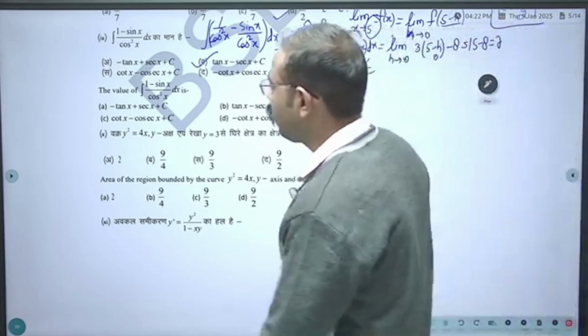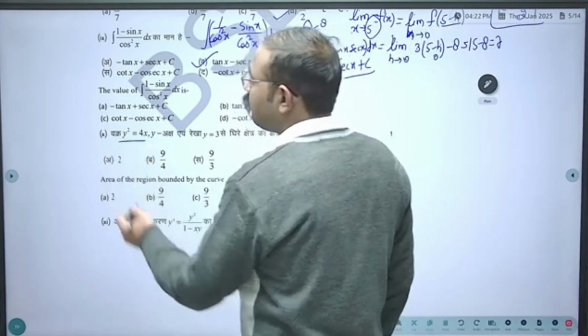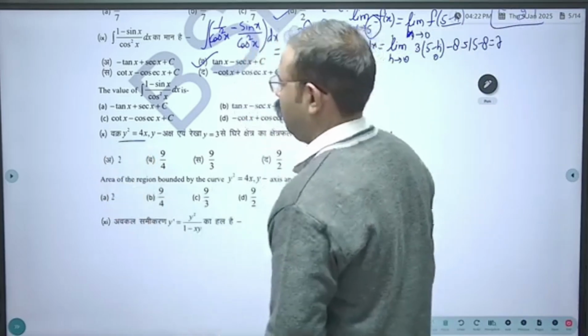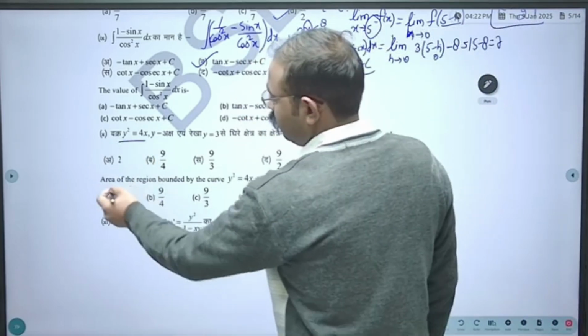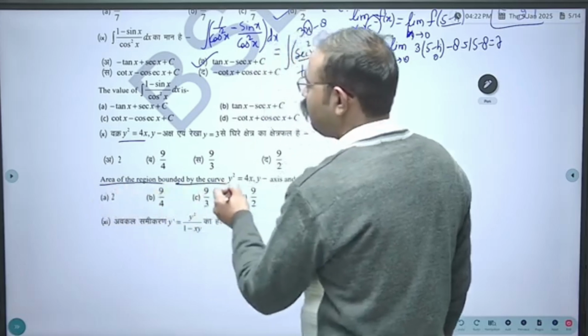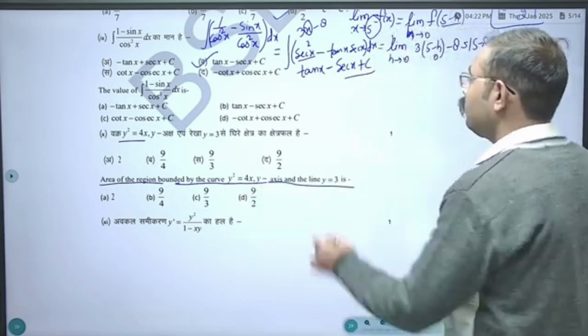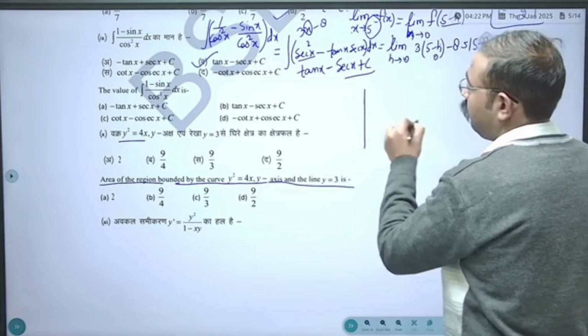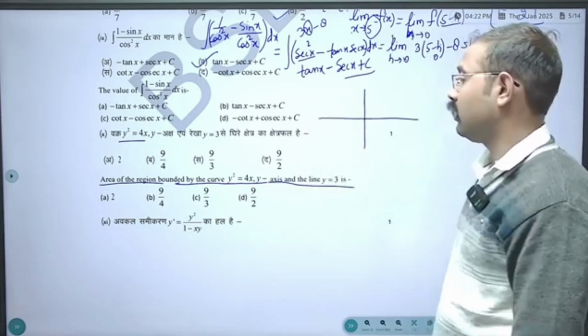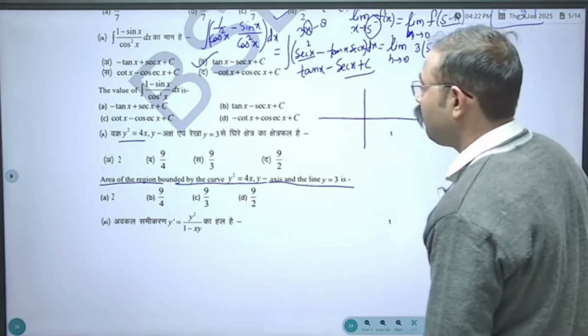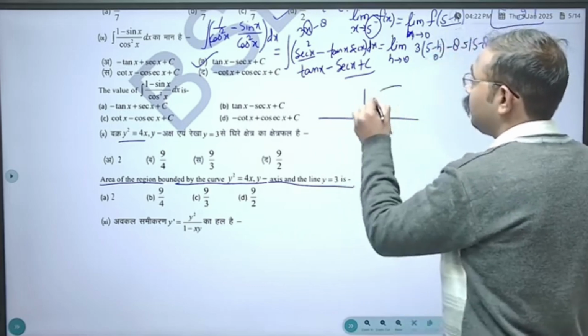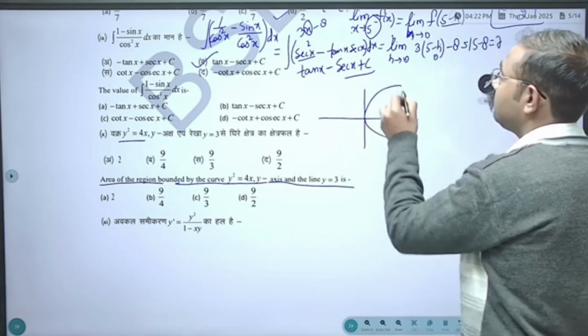Next, we have a curve y square is equal to 4x. Find the area of the region bounded by the curve y square is equal to 4x, the y-axis and the line y is equal to 3. When we draw the graph for y square is equal to 4x, its graph will be like this.